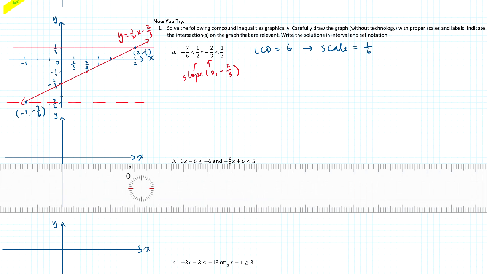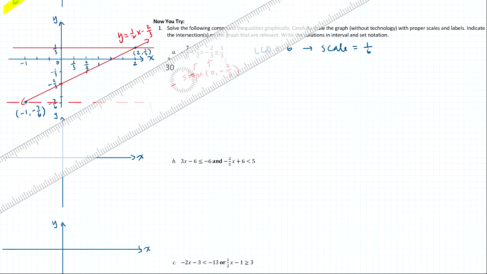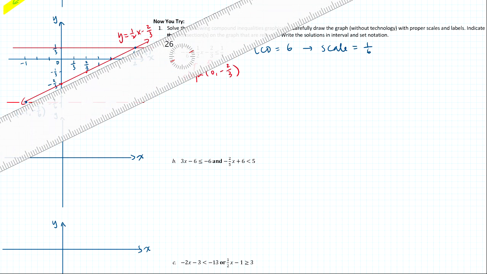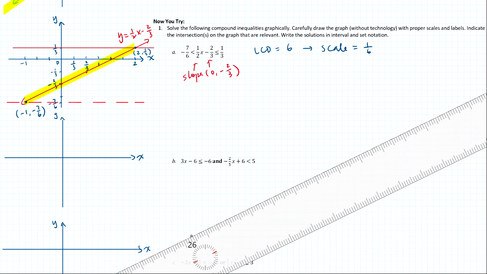When we have the boundary on either end, we're looking at the part of the line segment between these two values. Since we're solving the inequality, we only focus on the x values, so it's between negative 1 and 2.